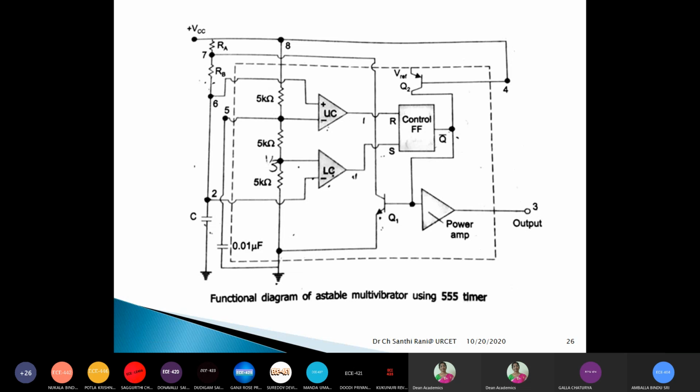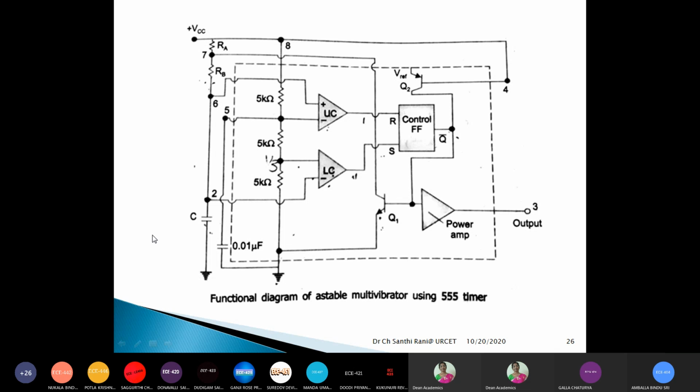Block diagram, functional diagram, internal diagram, all are the same. The internal diagram has the lower comparator, upper comparator, flip-flop and voltage divider circuit. The only things external to it are RA, RB and capacitor C. These are the three additional components that we have to draw.